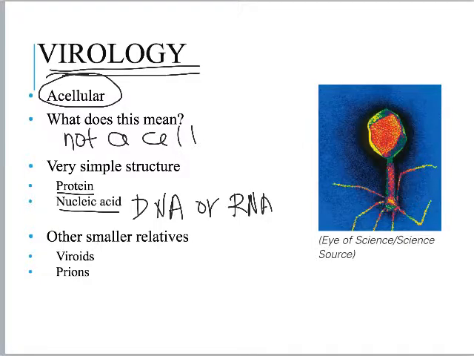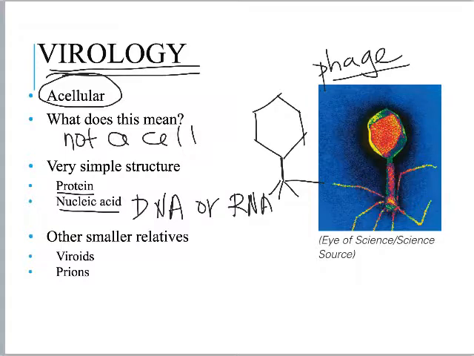Okay, this picture is an example of a phage. Okay, so a phage is just a type of virus, and this is a pretty classic virus picture. This is the protein.